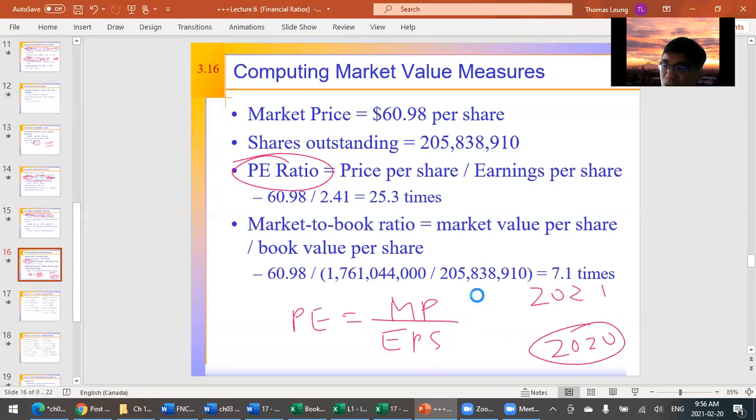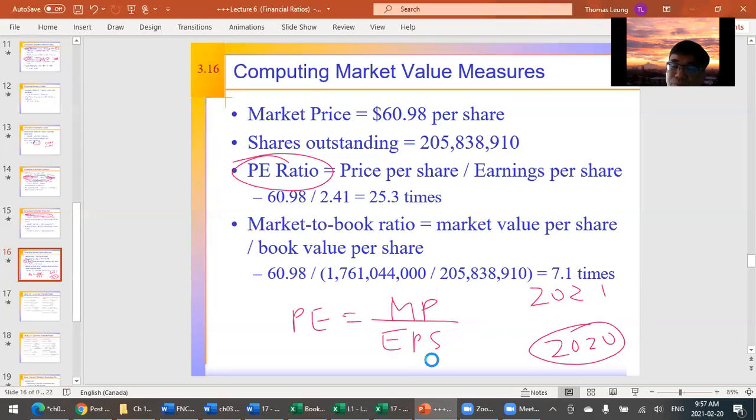So you're putting different things together: the current information together with the past information. Now, you may say this is not accurate. It's true, but at least we have some guidance to tell us what the ratio is.